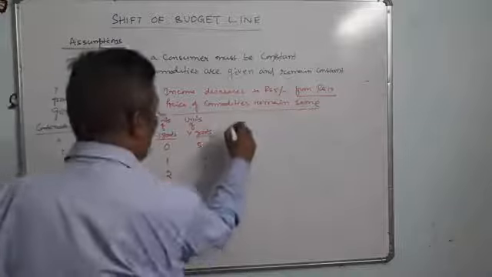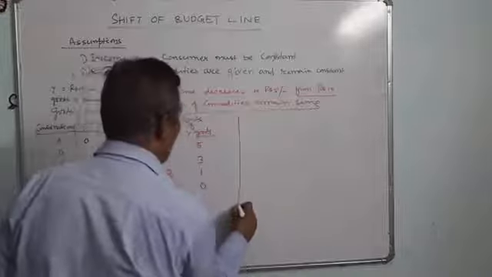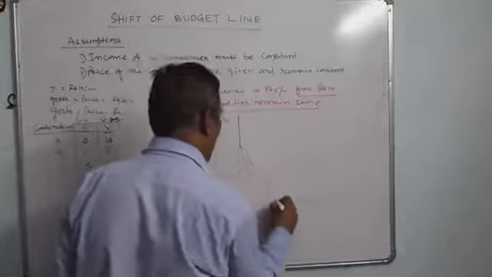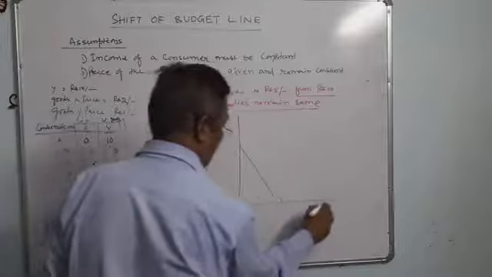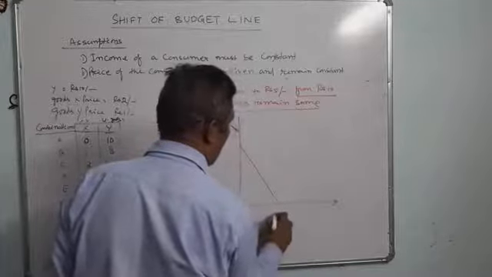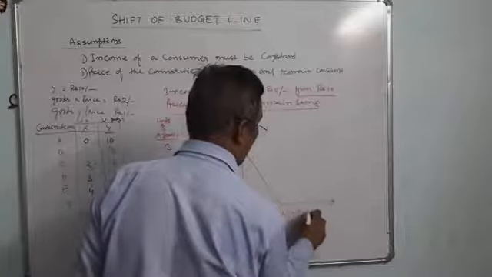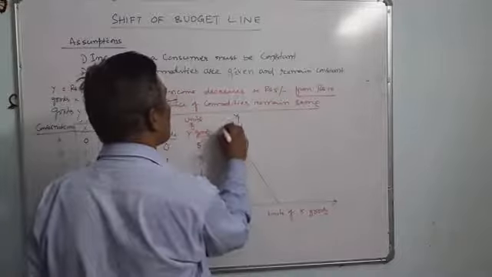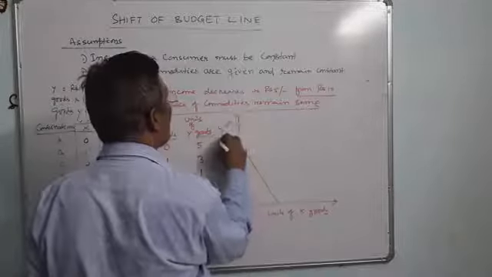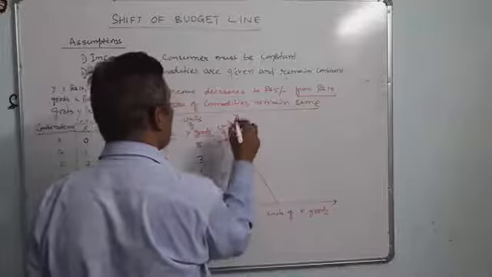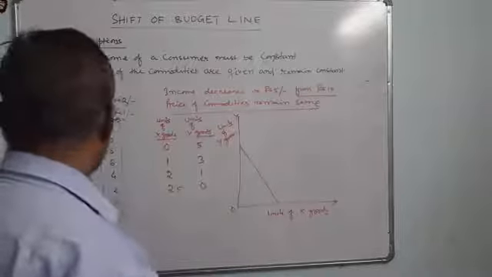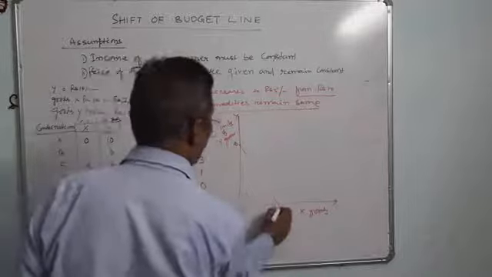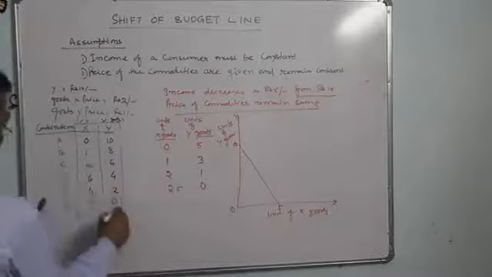So it can be plotted in the diagram. The x-axis shows units of X goods and the y-axis shows units of Y goods. Previously X is 0, Y is 10, or 5 in the previous case.